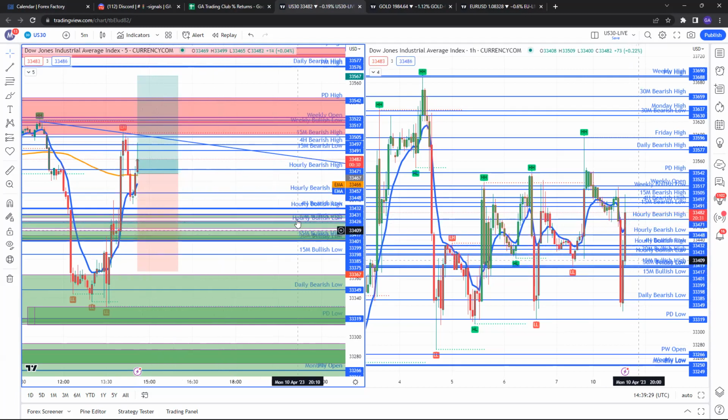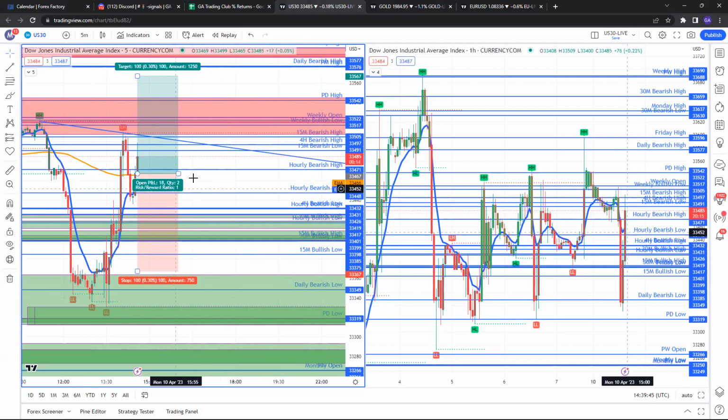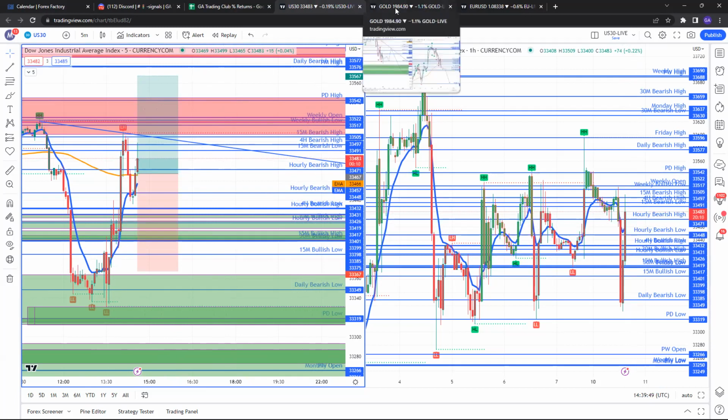However, you can see we also do have hourly bullish zones down here, 30-minute bullish zones. We do have Friday low here, and our stop loss is all the way below there. So keep in mind, for this trade I am using a 100 pip stop loss, 100 pip take profit, but still risking the same.